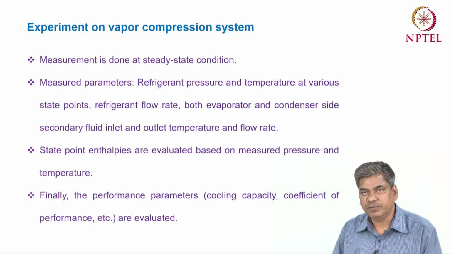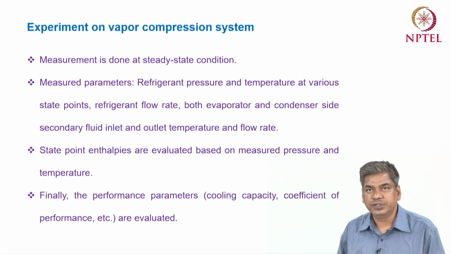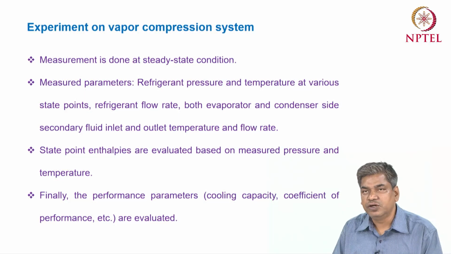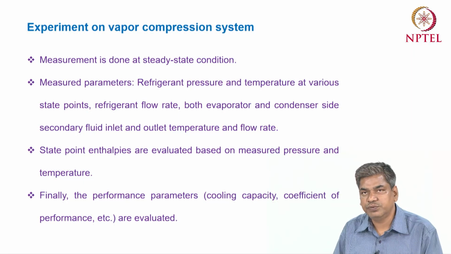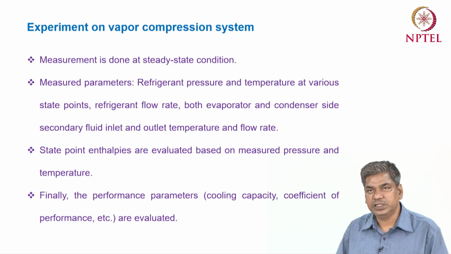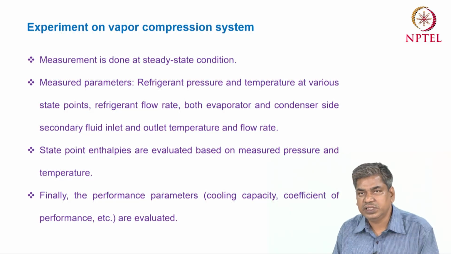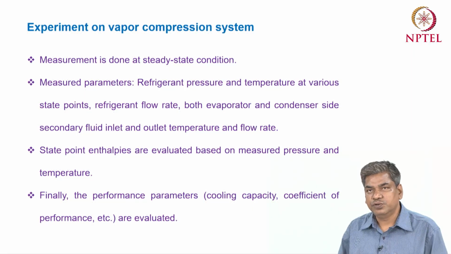For the experiment related to the vapor compression system, in general the measurement is done at the steady state condition. There are various measurement parameters when we do the experimental study on a vapor compression refrigeration system, like the refrigerant pressure on both sides or at the different state points, and the temperature at various state points of the system. Then we have to measure the refrigerant mass flow rate through the system.